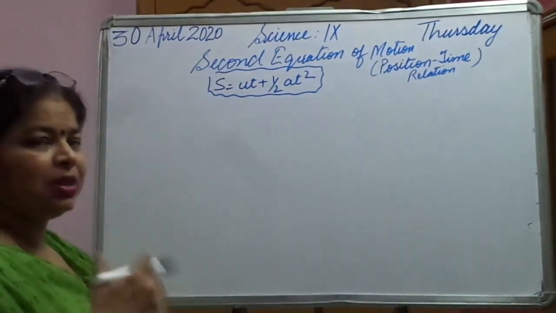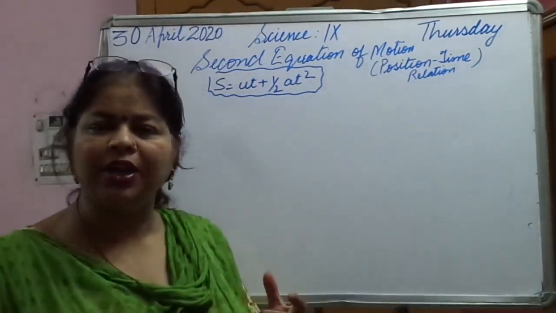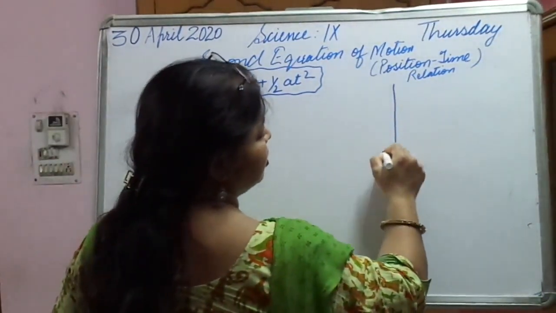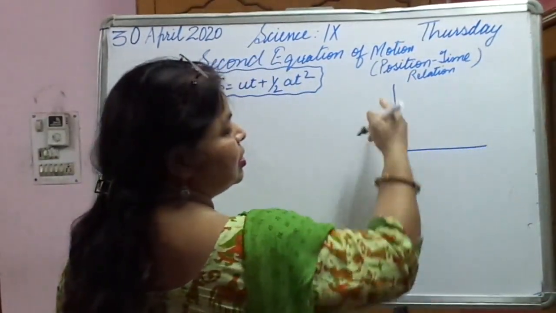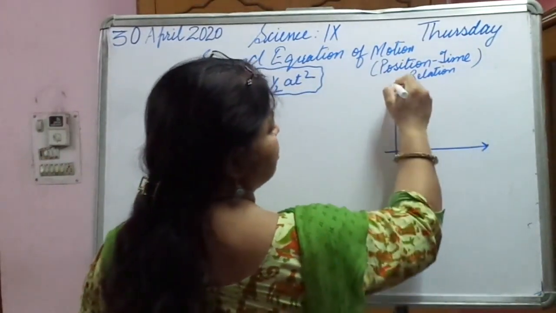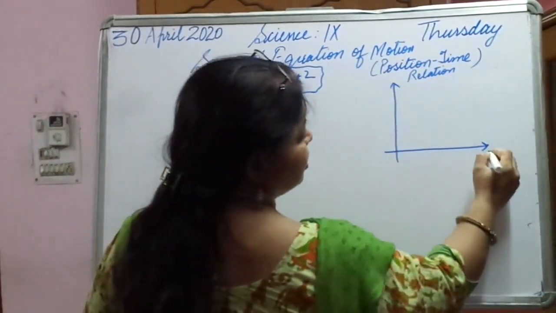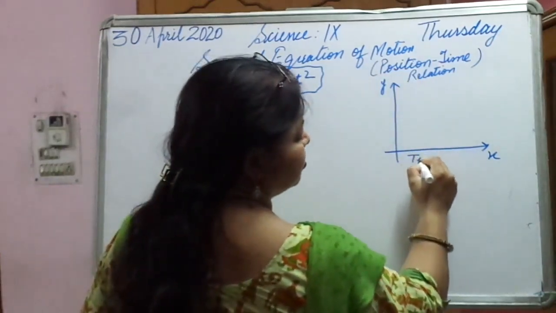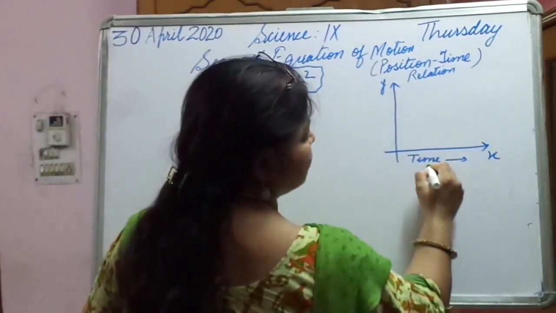and again from the same graph, the graph that we had used yesterday. So let us go to that graph first. This is x-axis, this is y-axis. Put an arrow. Here is time in seconds.